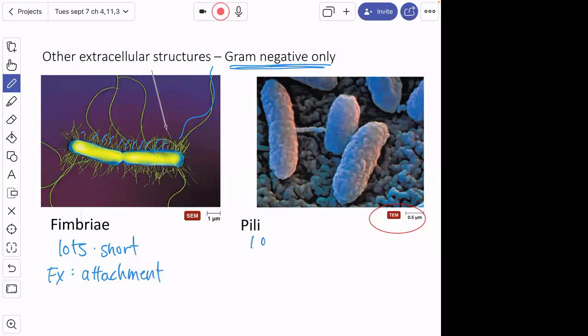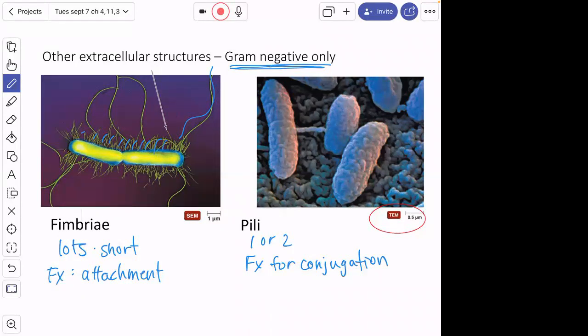Pili, typically there's only one or two on a cell when we call them pili. And the function here is for conjugation. And we're going to talk more about conjugation later, but conjugation is a kind of horizontal gene transfer. So two cells in the same generation, one is able to transfer genes to the other because of this pilus.